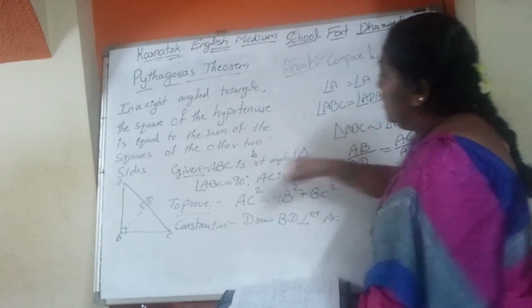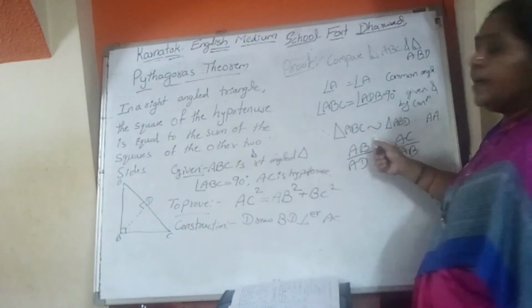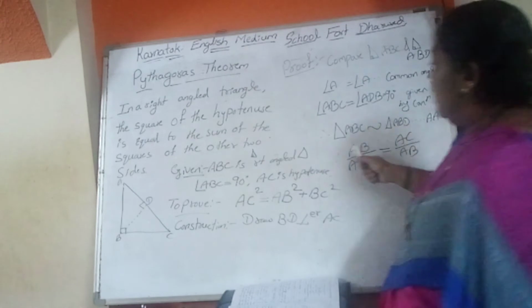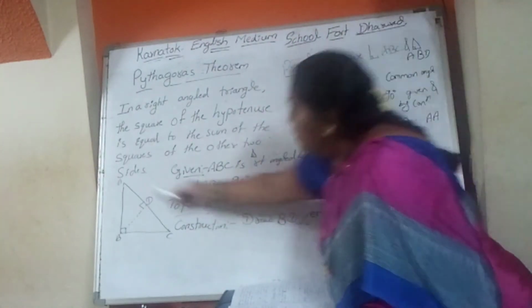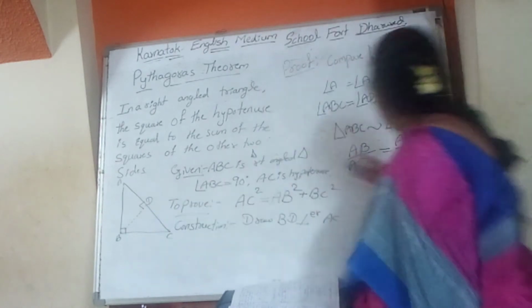When these two triangles are similar, then AB upon AD equal to AC upon AB.